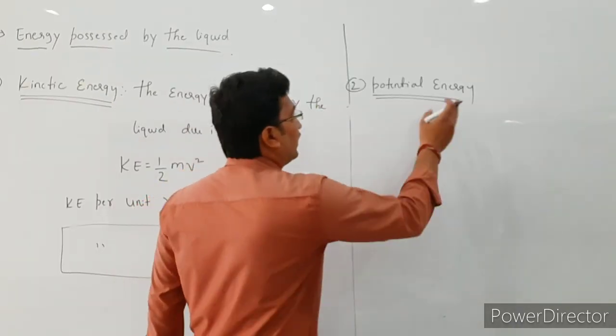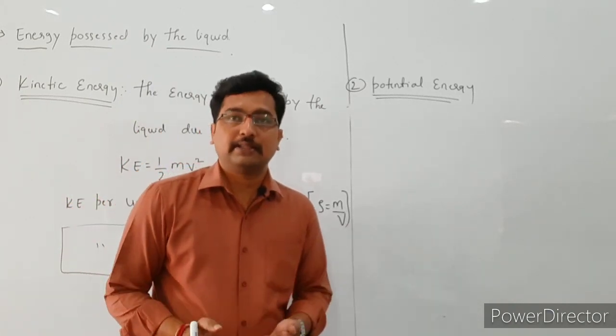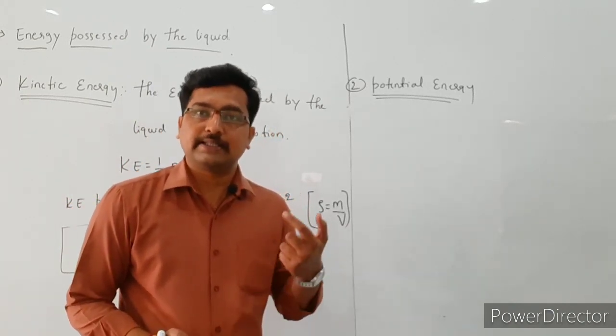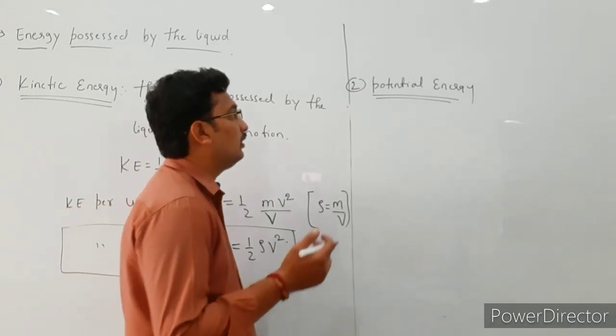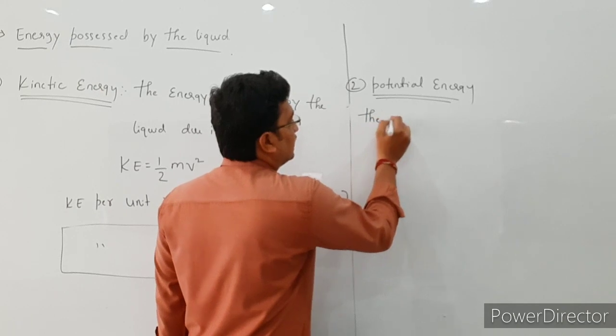The second one is the potential energy. Potential energy means the energy possessed by the liquid by virtue of its position. So that is known as the potential energy of the liquid.